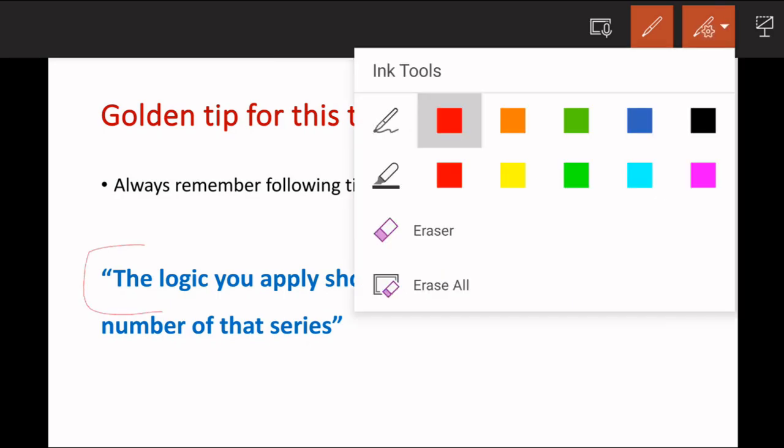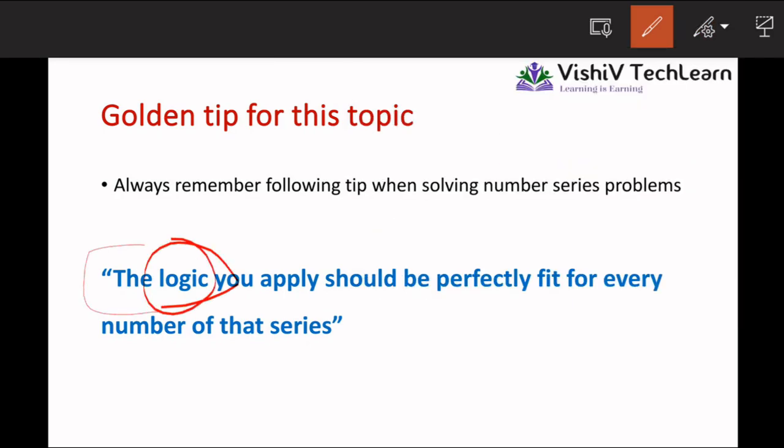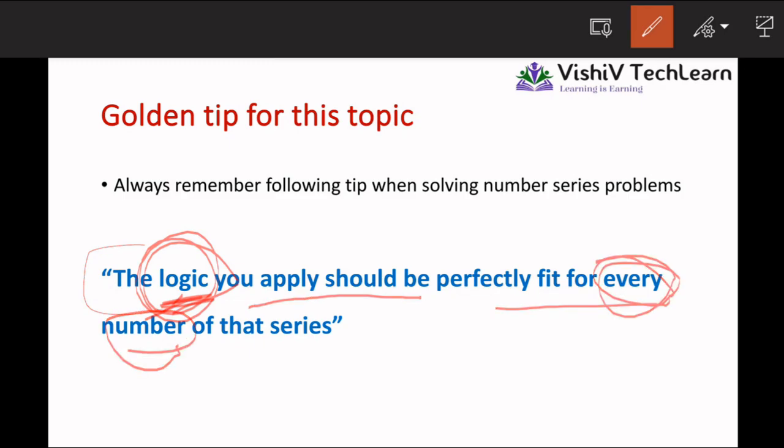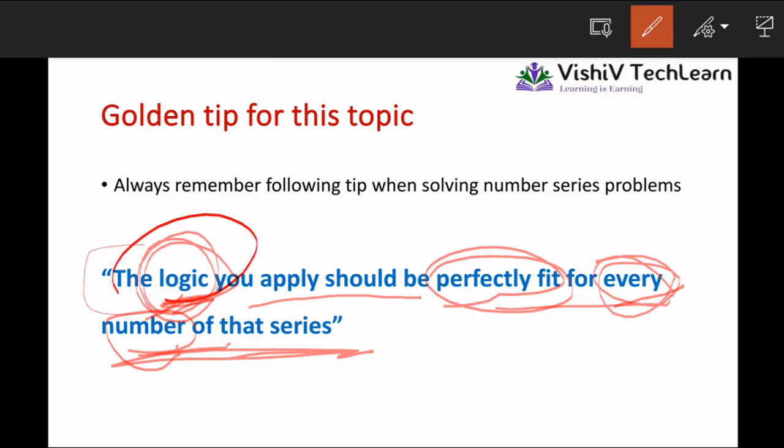Whenever you are trying to find the logic by which you are going to solve the problem, your logic should be applicable to every number. It should fit perfectly for every number of that series. If it is applicable to only a few of the numbers, and if any single number or two numbers are not fitting in that logic, then that logic may not be perfect.